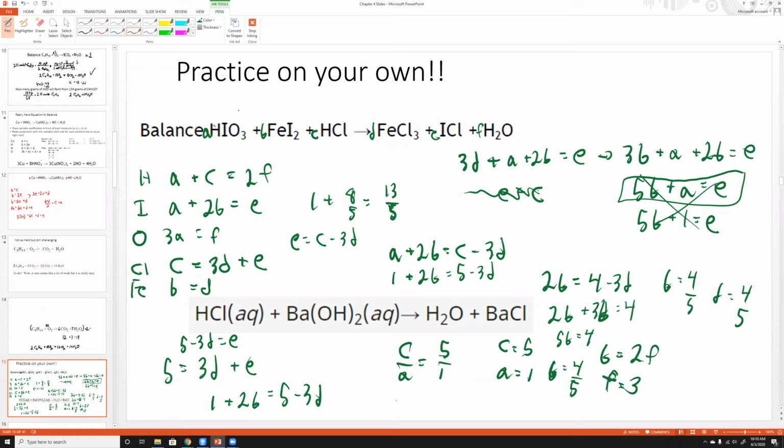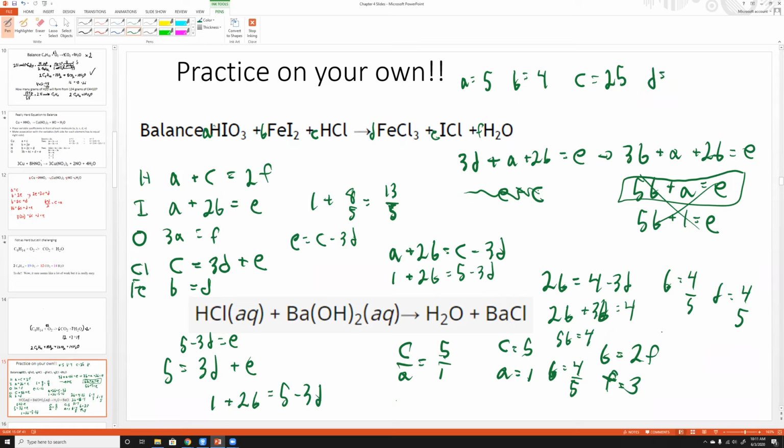Let's see if it works. So when you multiply everything by 5, A times 5 is 5. So A equals 5. B is 4 over 5 times 5, which is 4. C is 5 times 5, which is 25.